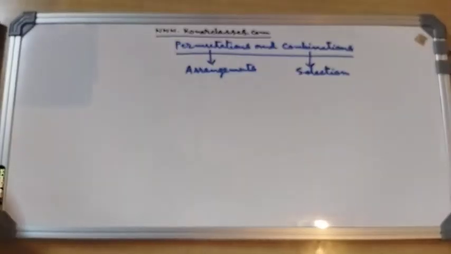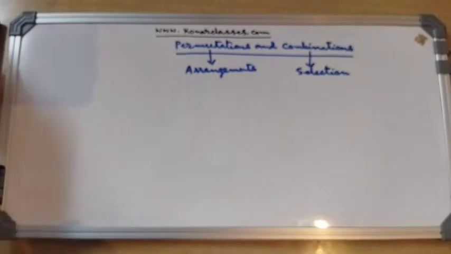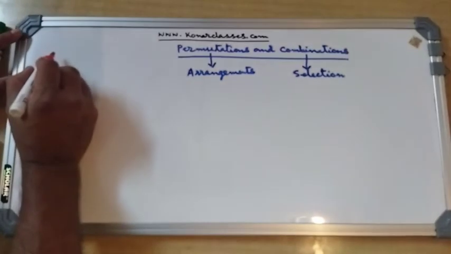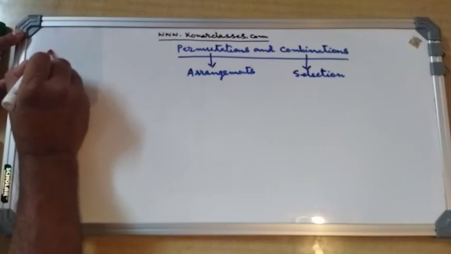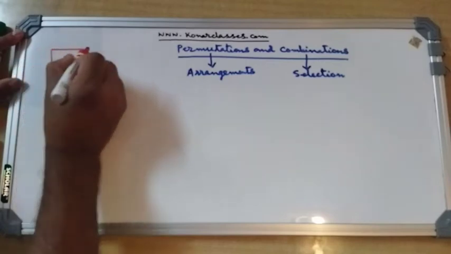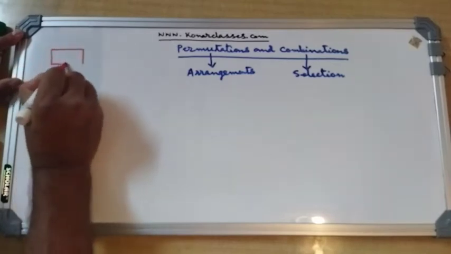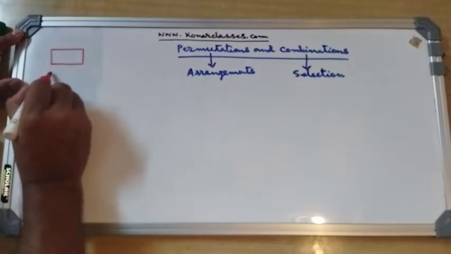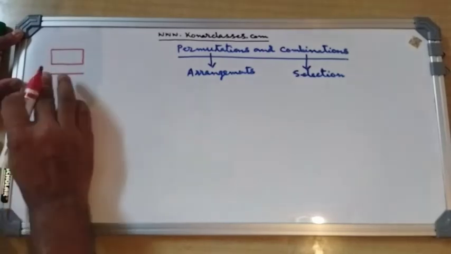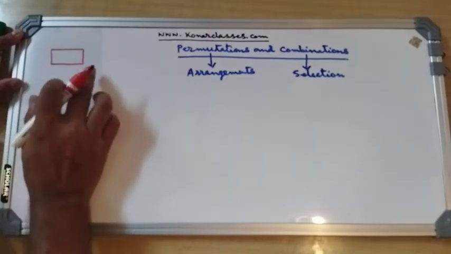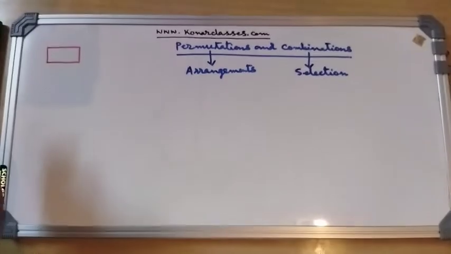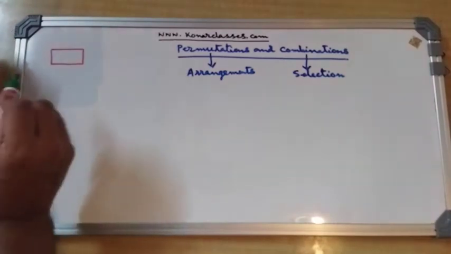Suppose we have three chocolates here in this classroom. These three chocolates are bar chocolates. The shape and size of all three are the same, and the only difference is that they are wrapped in different colors.